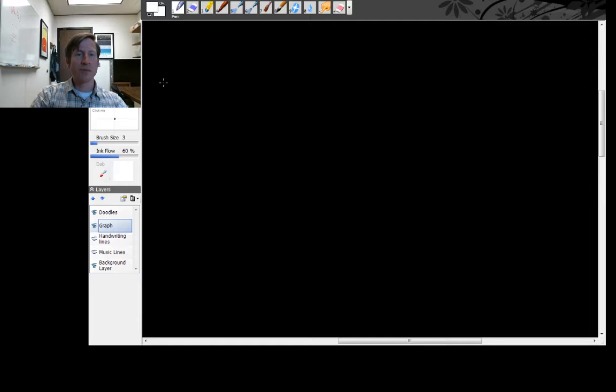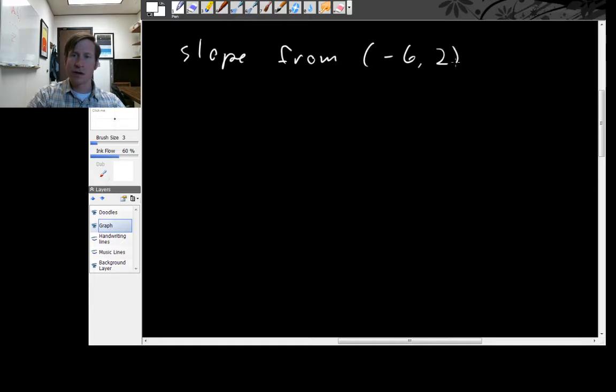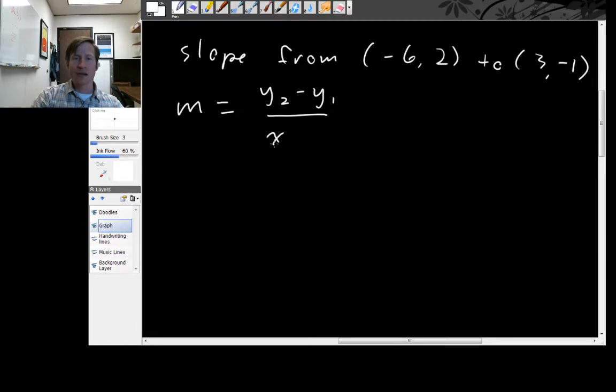So the problem from number 3 is to find the slope of the line from, let's see, negative 6, 2 to the point 3, negative 1. Okay, so if you're going to find a slope from 2 points like this, it's a good idea to know the slope formula, which is like this: m equals y2 minus y1 over x2 minus x1.